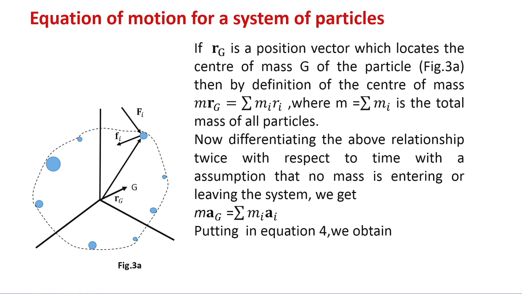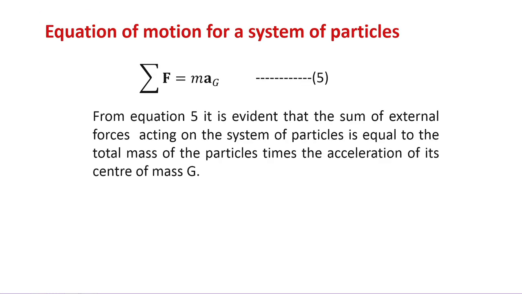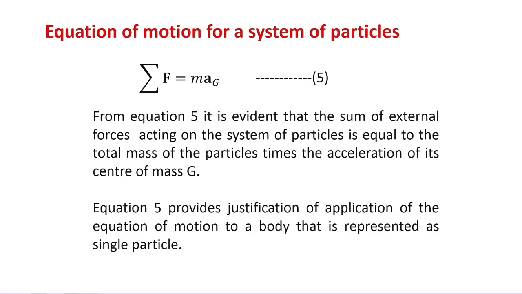Putting this in equation 4, we obtain summation of F is equal to m aG. From equation 5, it is evident that the sum of external forces acting on the system of particles is equal to the total mass of the particles times the acceleration of its center of mass g. So, equation 5 provides justification for applying the equation of motion to a body that is represented as a single particle, and this is a very important logic.